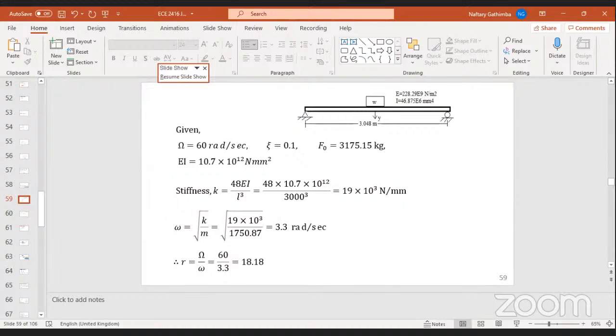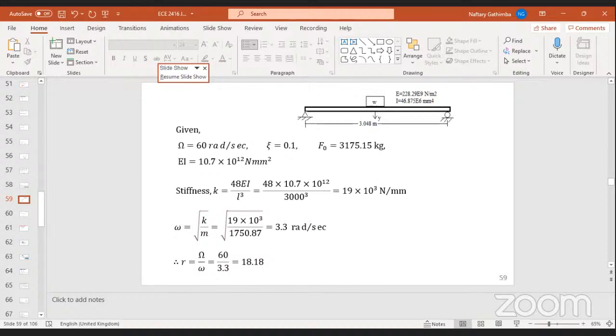William Wajao, can you see this slide I've shared, slide 59? The stiffness, if you can recall from the notes I gave you, I had given some stiffness for different head fixities.